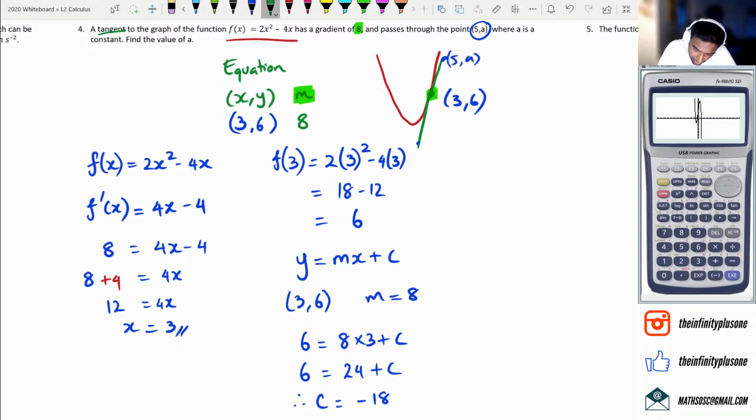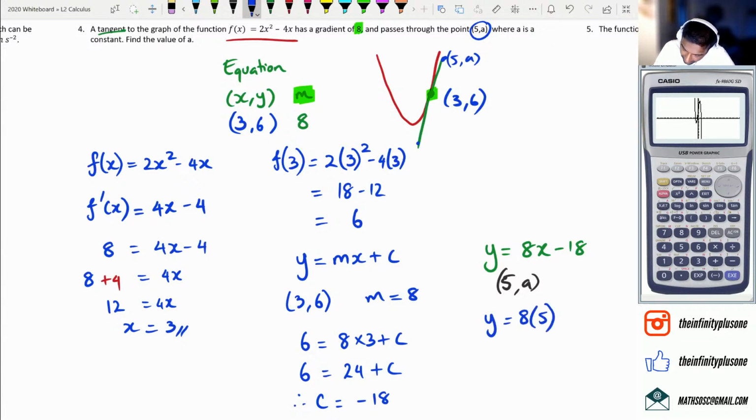So the equation of the green tangent, or the green line, is y equals 8x minus 18. Now I should be able to substitute 5 to figure out what the value of a is. So I substitute 5 and get 8 multiplied by 5 minus 18, which means 40 take away 18, so y is equal to 22.